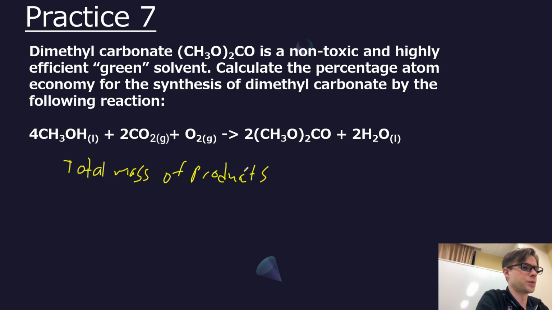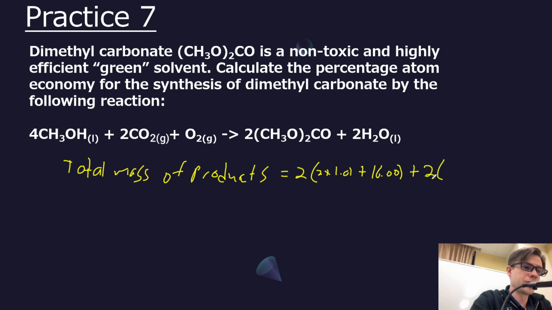in terms of molecular weight, not in terms of grams, right? So this will be equal to 2 water, so that's 2 times 1.01 for hydrogen and 16.00 for oxygen. And then the dimethyl carbonate, we make 2 of those as well, but we'll have a bunch of carbons. There's 3 carbons total in that.